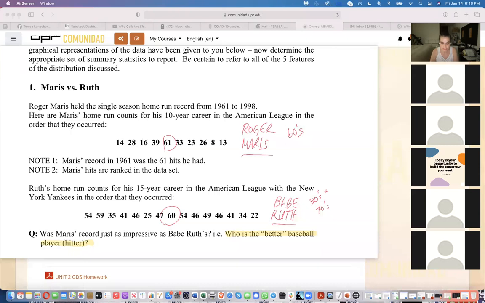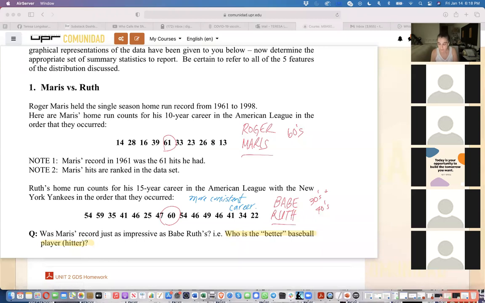I think the key word is consistent, right? It's a more consistent. So if you were to bet money on Babe Ruth winning a game, you would feel more confident.